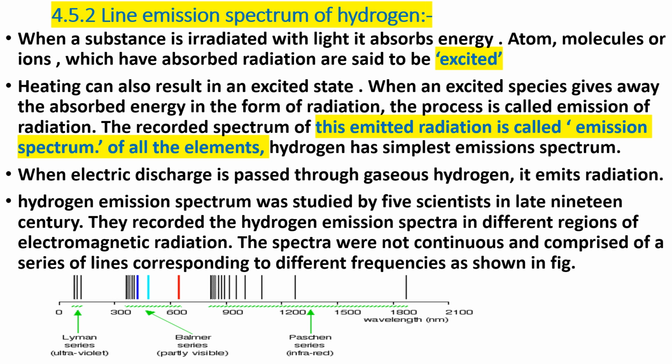First, the Lyman series, which lies in the ultraviolet. Second, the Balmer series, which is partly in the visible region. And the next one, the Paschen series, will be present in IR.